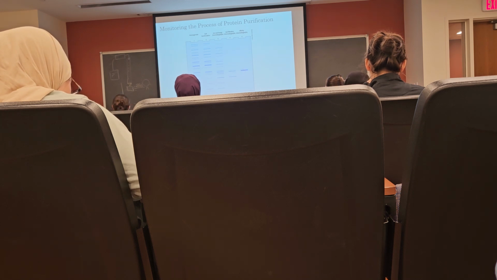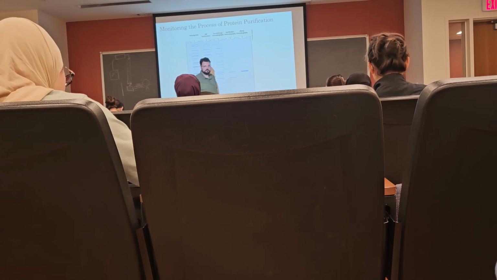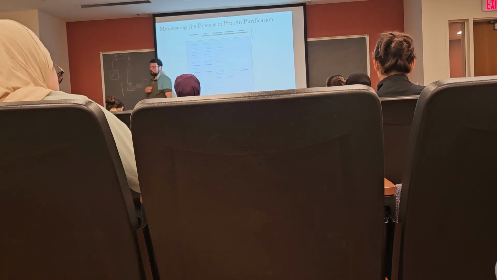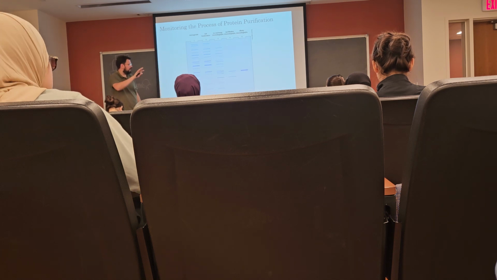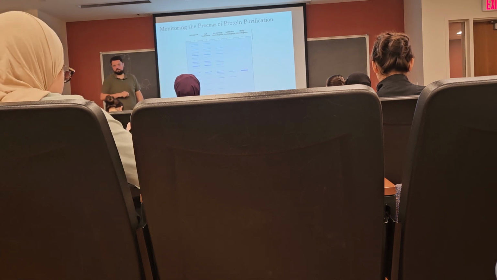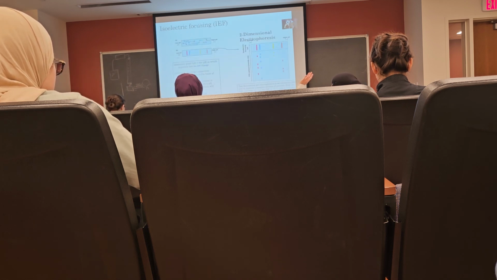But we still should have some of our fraction left from our affinity chromatography, and this is just confirmation that we have successfully purified our protein. So whatever sample this lane came from should have only the protein that we're looking for. So we can use both types of methods in conjunction, analytical and preparative.